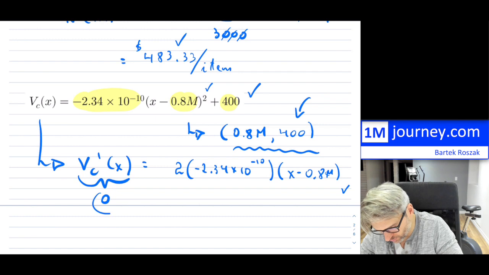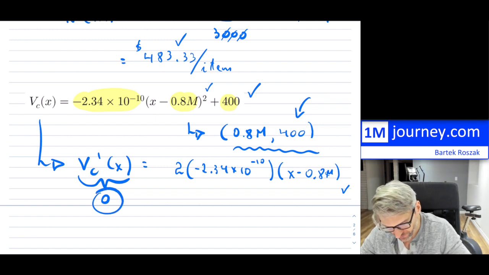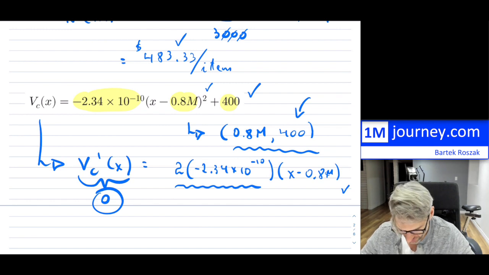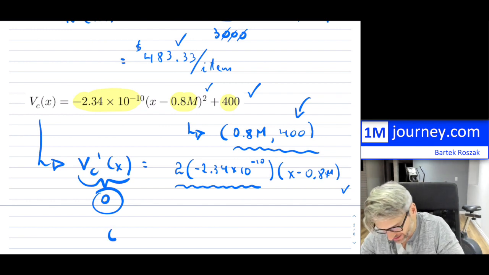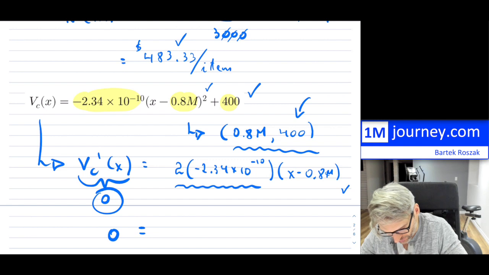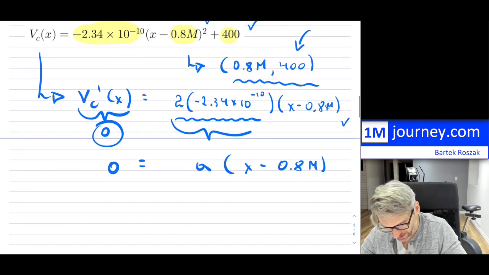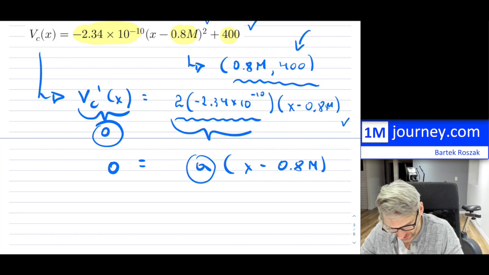Now, since we want it equal to 0, this term will drop off out of the way, because you're going to have 0 equal to all of this junk right here. Let's call this a, times x minus 0.8 million. Dividing both sides by this doesn't change anything.